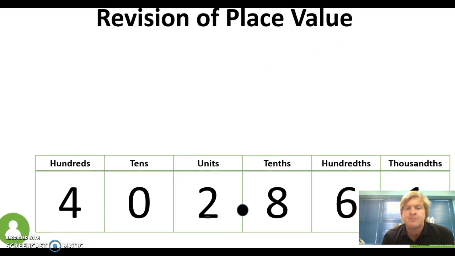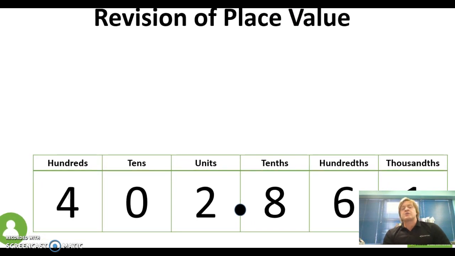Here is an example of a tool that we'll be working on during the week. Okay, the place value chart. We've got 4 hundreds, 0 tens, 2 units or 2 ones, decimal point, 8 tenths, 6 hundredths, and 1 thousandth.